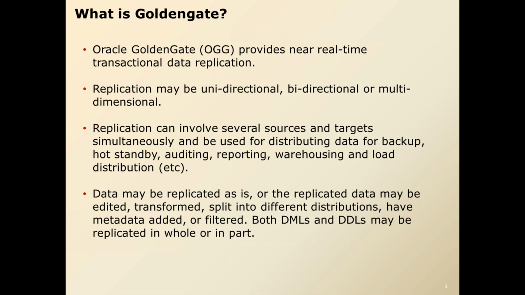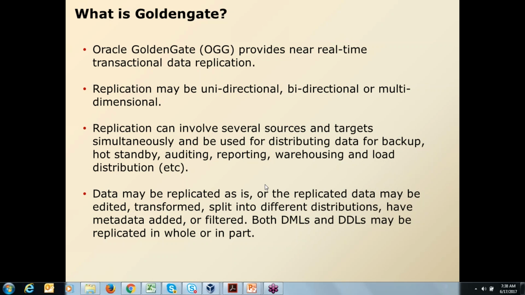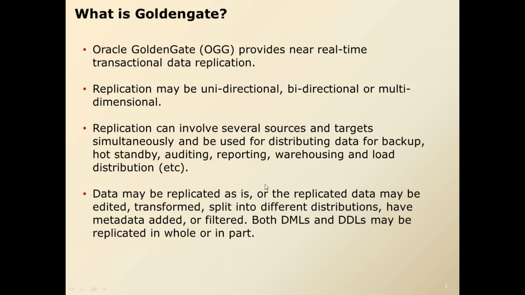Now replication can involve several sources and targets simultaneously, and is used for distributing data for backup, hot standby, auditing, reporting, warehousing, and load distribution. So with Goldengate, it is not that you will have only one-to-one replication. You can have one-to-one replication, many-to-one replication, or one-to-many topology as well. One-to-one is normal replication.